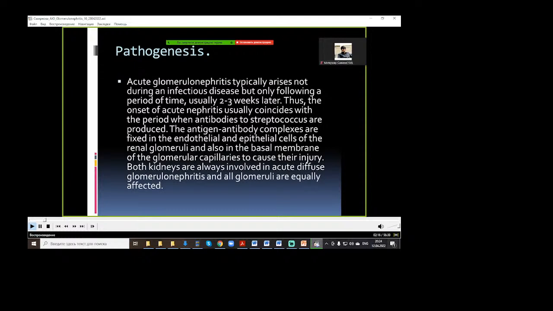Both kidneys are always involved in acute diffuse glomerulonephritis, and all glomeruli are equally affected. So the etiology and pathogenesis are similar to those of acute rheumatic fever, if you remember about acute rheumatic fever.